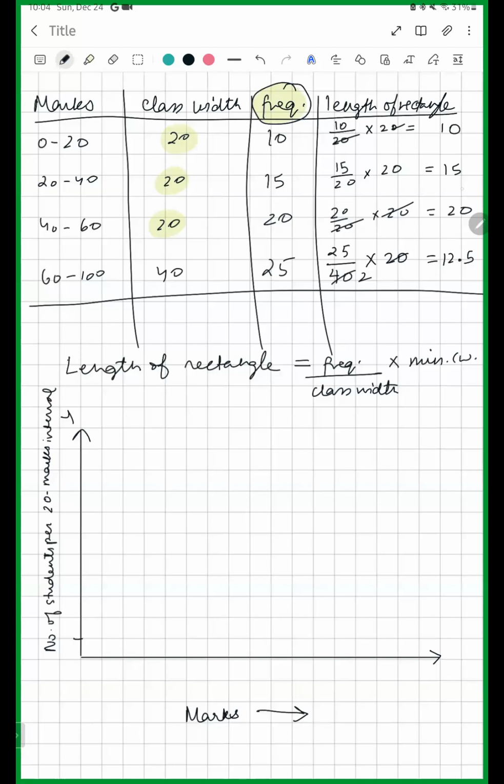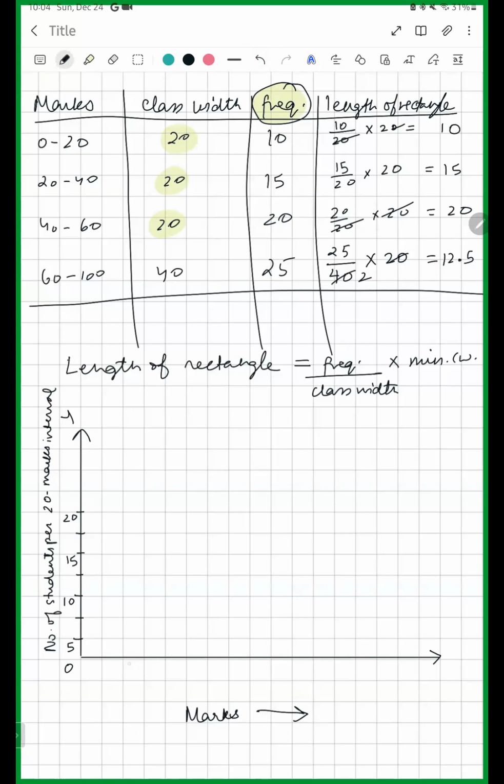The minimum is 10, the minimum is 12.5, and the maximum is 20, so we can take it like 5, 10, 15, 20, and this is 0.